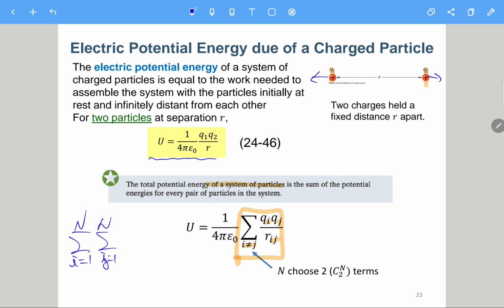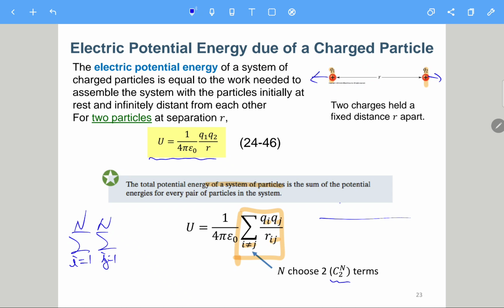But actually, we will not count Q1, Q2 and Q2, Q1 two times, and also we will not count something like Q1, Q1. So in this case, there are only NC2 terms.